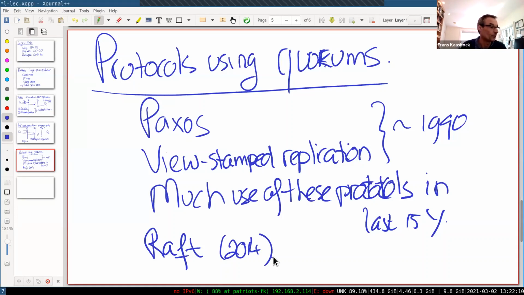It touches on a lot of different aspects of building a complete replicated state machine, and explains those clearly. That's one of the reasons why we're using it for the labs and for this lecture. Any questions about the history around these protocols before I dive into Raft?